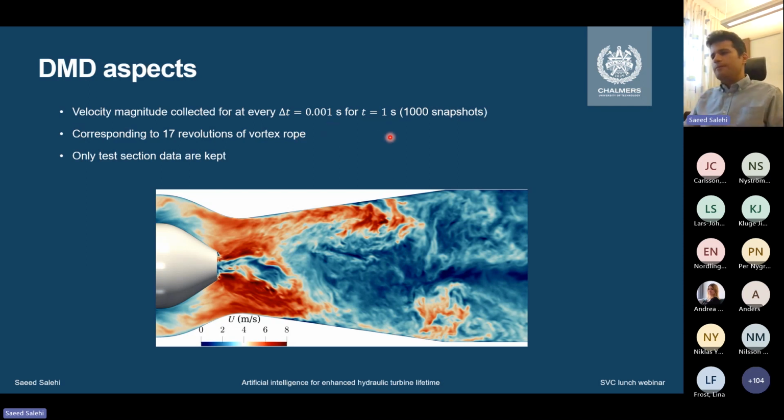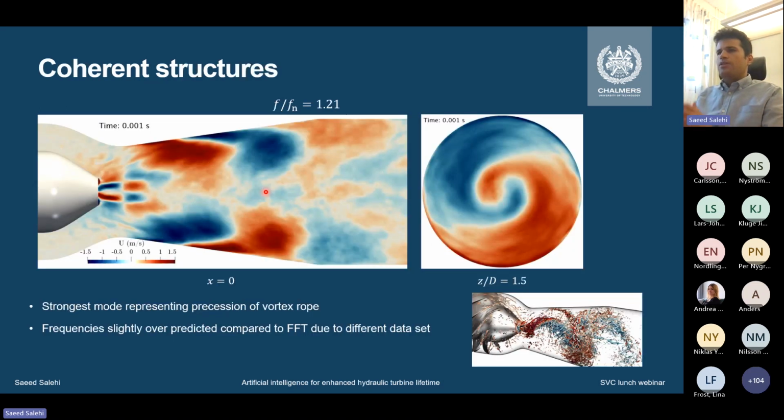And then we only kept the data in the test section, or the draft tube of this machine, to lower the cost. So when we performed the DMD analysis and extracted the DMD modes, here you can see, for example, the strongest mode in the x equals 0 plane, or the mid plane of the test section, and one axial plane here close to the throat.